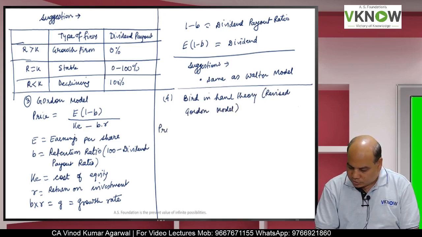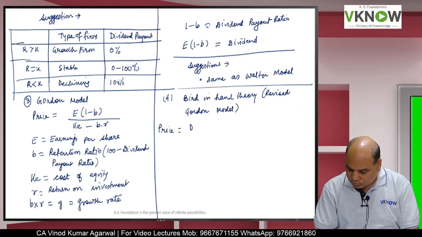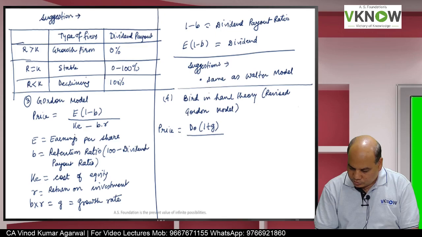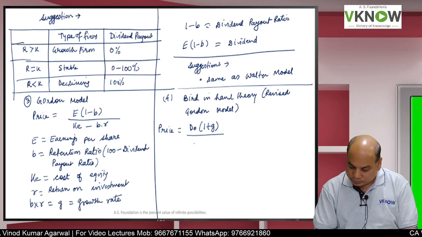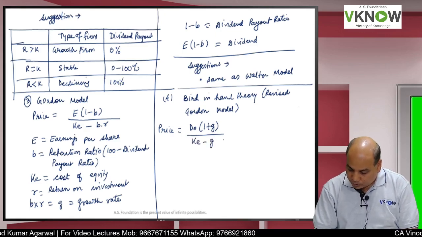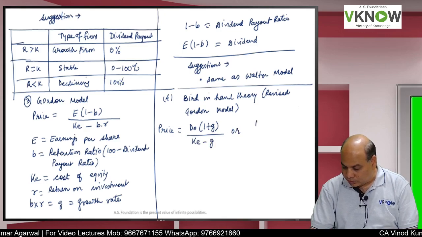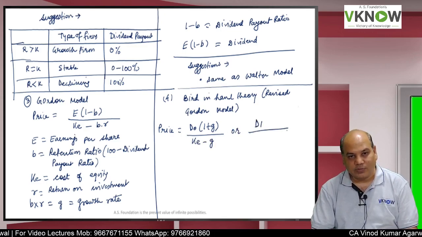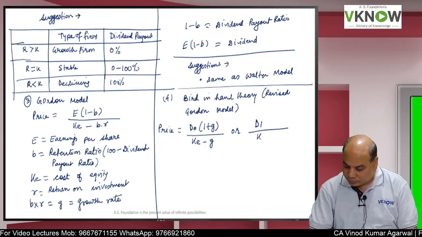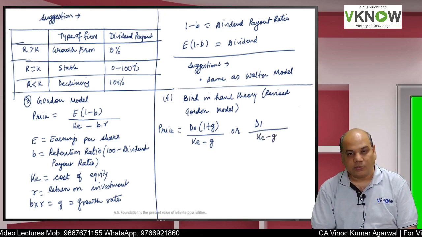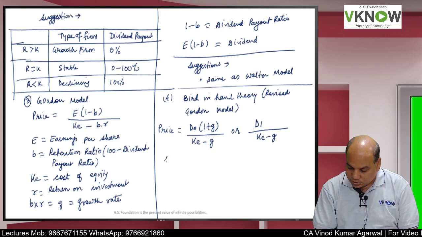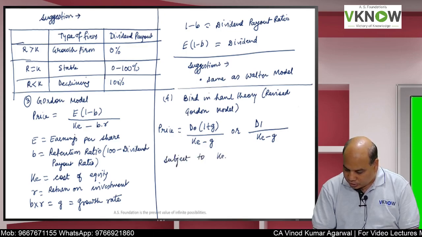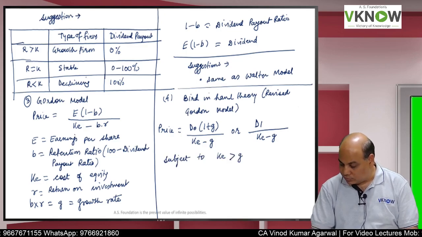The price of the share is equal to last year dividend into 1 plus G, where G stands for growth rate, upon Ke minus G. Or if next year's expected dividend D1 is given, then directly D1 upon Ke minus G, subject to Ke being greater than G.